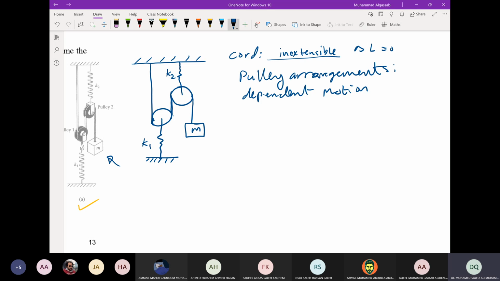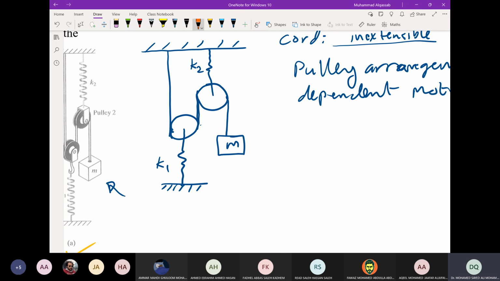Here, first of all, we need to do kinematics. Because what you want at the end, this is an actual system, what you need is to find the model.